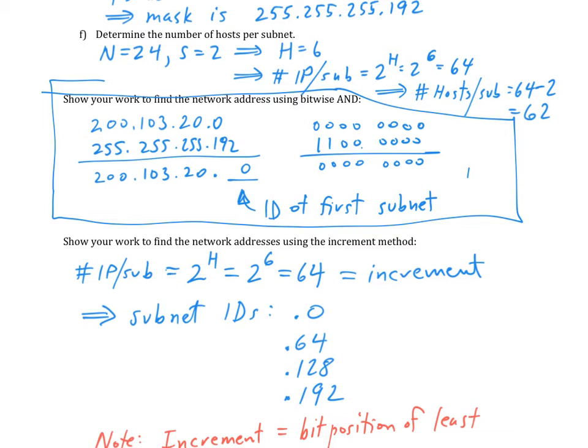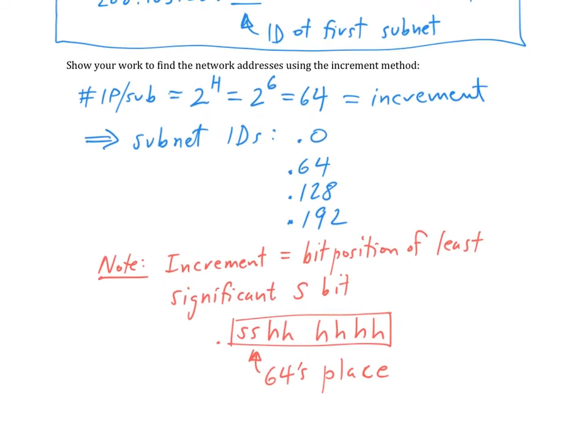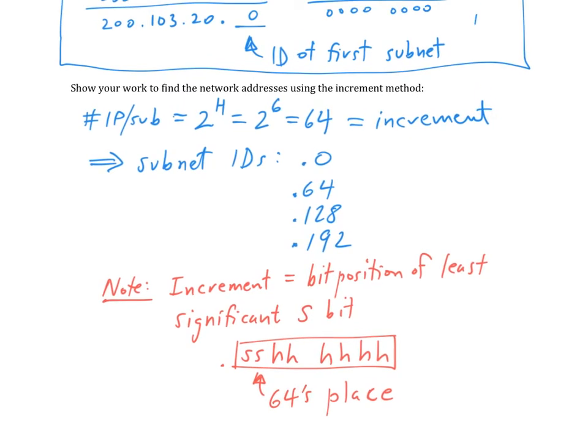It also asks you to show your work to find the network addresses using the increment method. And basically I'm repeating the number of IPs per subnet, 2 to the H, and so 64 is our increment, and so the subnets are 0, 64, 128, 192. And it also notes here that if we look at this last byte, we've got 2 S bits and 6 H bits, okay?